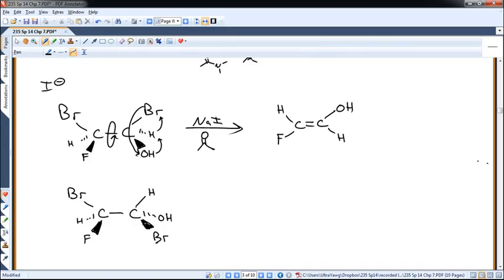Because I still have two feet, so to speak, and two feet, so to speak, and I just want to have one foot. So what I'm going to do is continue to tilt this just a little bit, continue to tilt that just a little bit, and continue to tilt that just a little bit in. So I can redraw this as carbon, carbon, fluorine, hydrogen. And so now bromine goes from being a wedge to being flat because I pushed it into the plane a little bit.